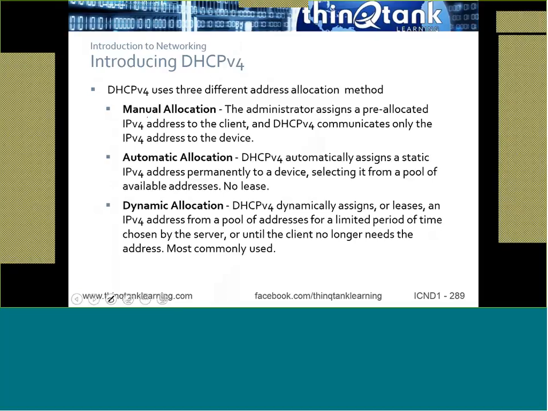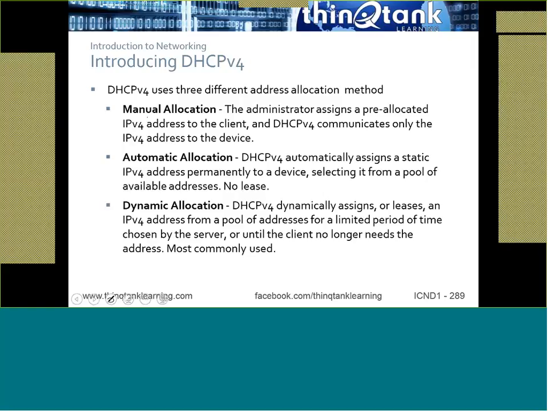Within DHCP, we have 3 methods for assigning addresses. We can do dynamic allocation, we can do automatic allocation, or we can do manual allocation. Dynamic allocation is the one that most people are familiar with, where a client goes out, sends out a DHCP discover, gets a DHCP offer, sends out a DHCP request, and gets an acknowledgement.